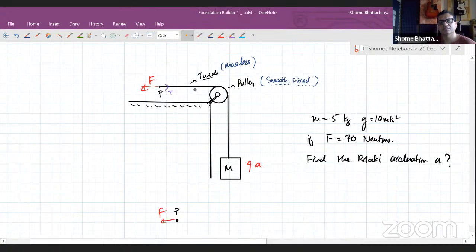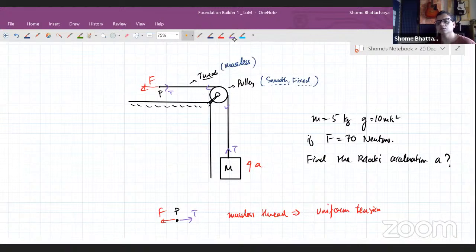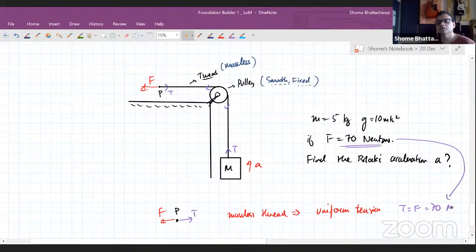So whatever tension acts on the thread, because it's a massless thread, that means it will develop a uniform tension throughout its length, and that tension will become equal to the amount of external force we are applying, which is going to be 70 newtons. Once we know that, rest is easy.